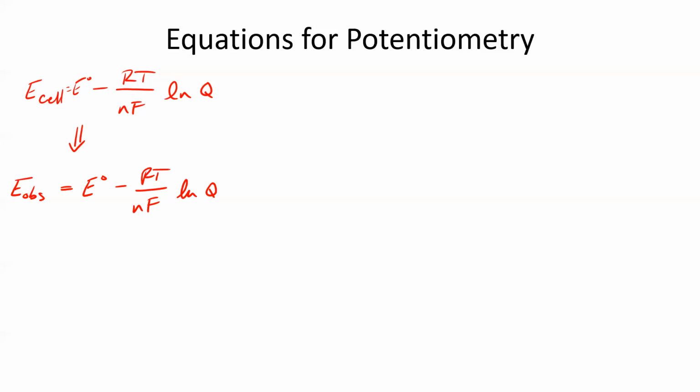And so we can recast this. So with a reference electrode, we can rewrite this as the observed potential is equal to RT over F times the natural log of our analyte A plus K.